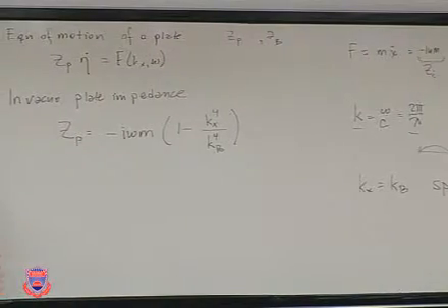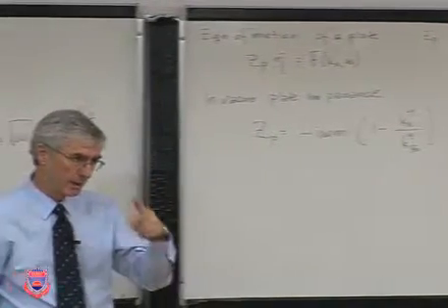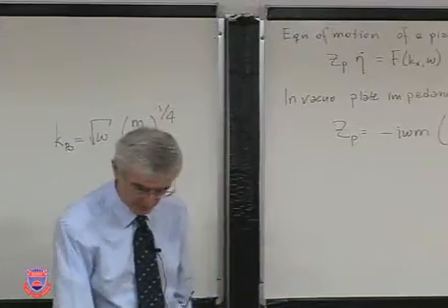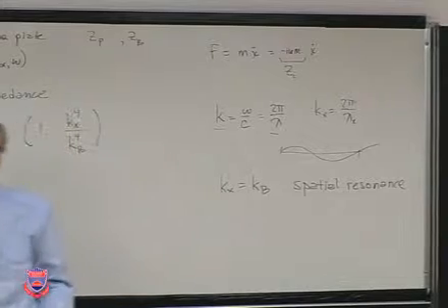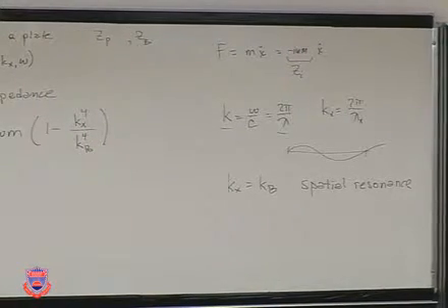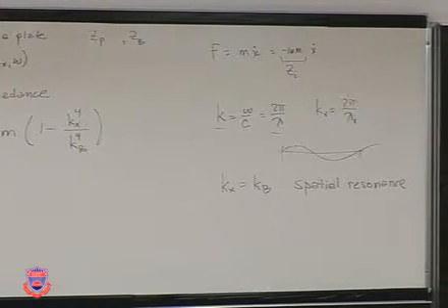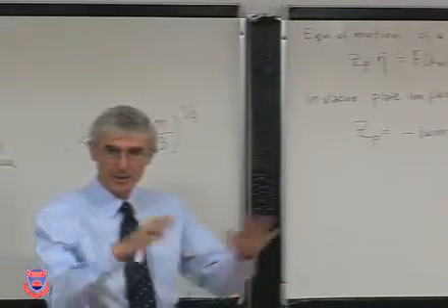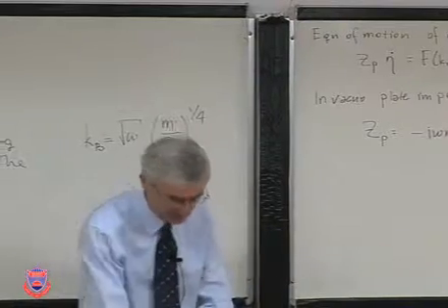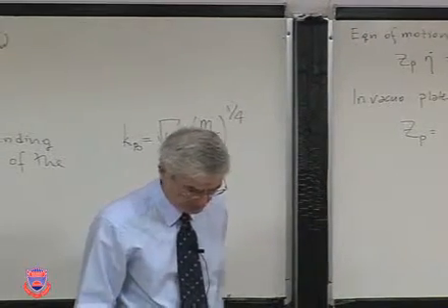That's what it means. Hopefully this will become clearer as we see other examples. At first, this is very difficult because you have probably only heard about resonance in terms of time frequency. But this is a spatial thing, which is a little bit different than what you're familiar with.